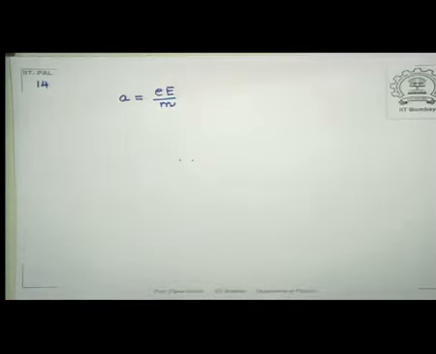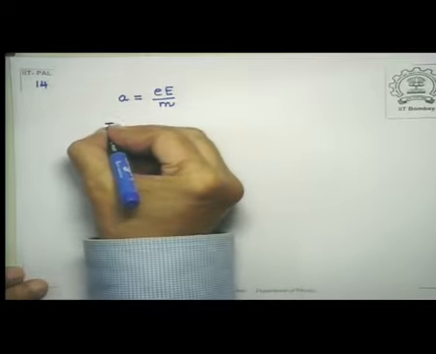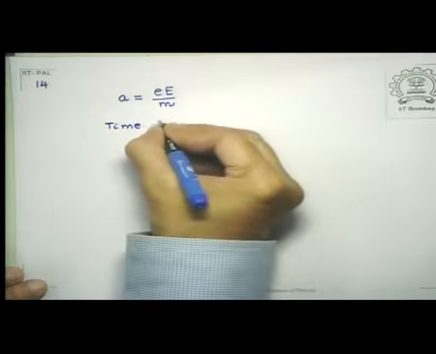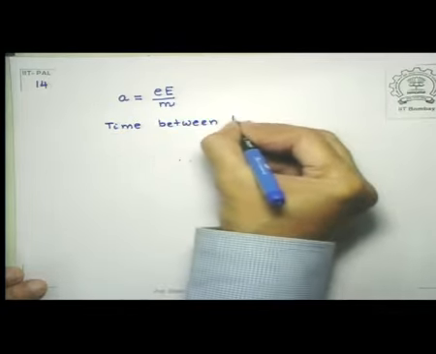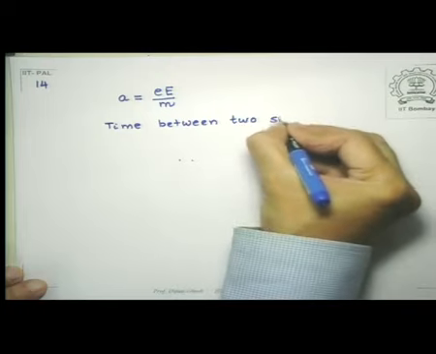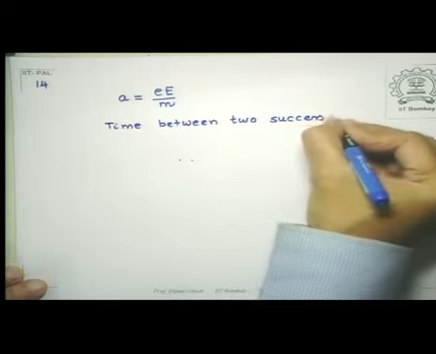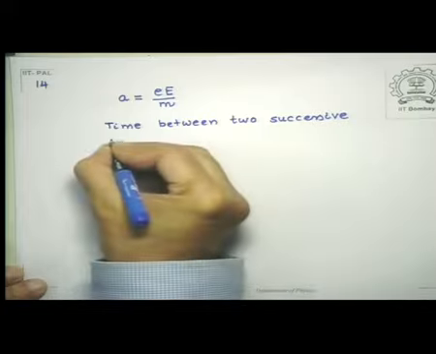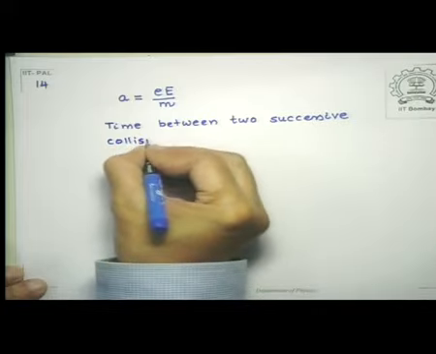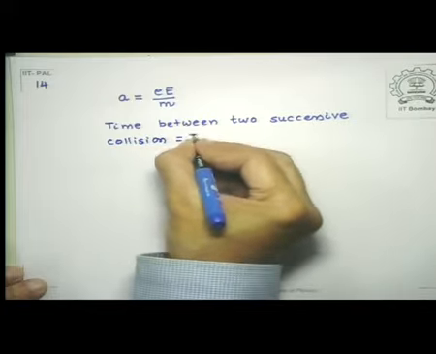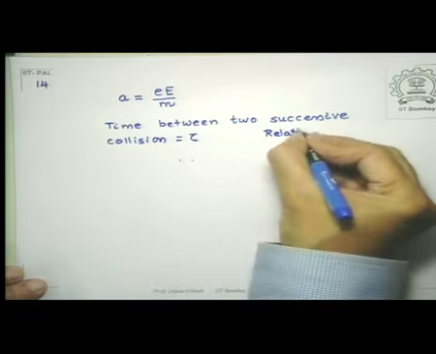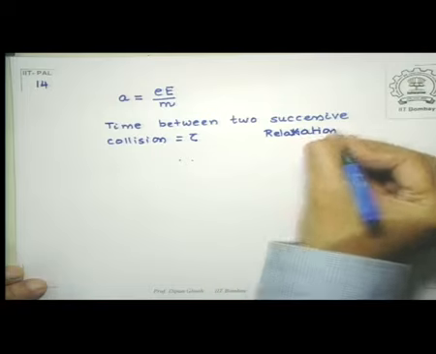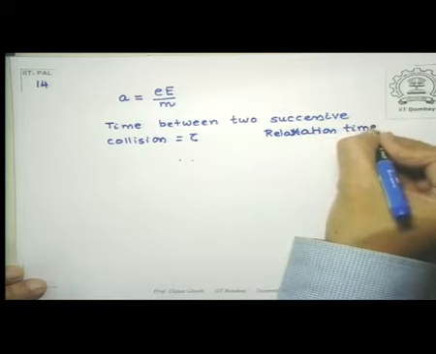Now let us suppose the time between two successive collisions is tau. This is also known as relaxation time, that is where the electron is relaxing after a collision.